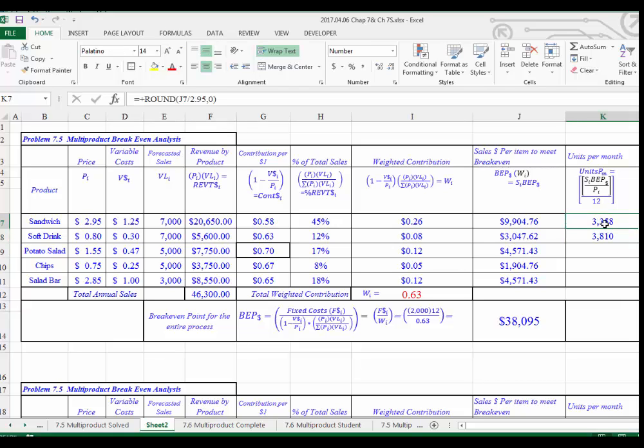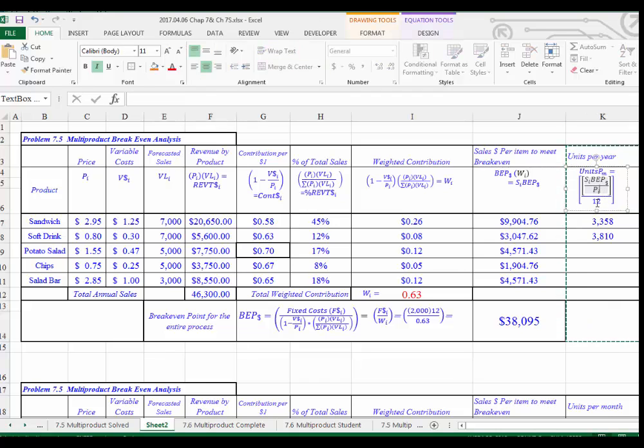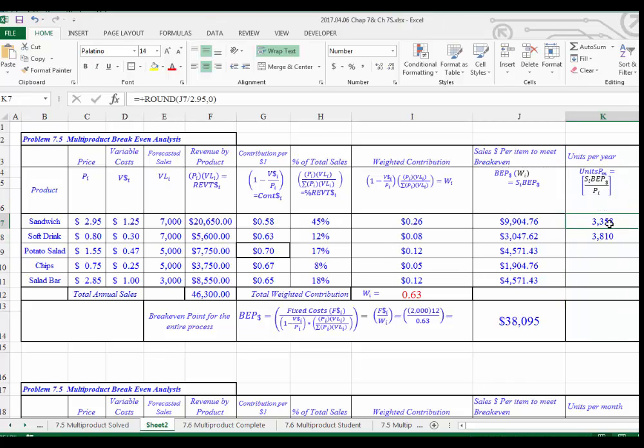But one more thing I wanted to do here is, this is the number of units that we need to sell in a year, but if we want that to be the number of units to be sold in a month, I think we'll just change this to units per year, and we'll just make a new column. And this one, let's get rid of this 12, I had just made that. So that is the total number of units we sell in a year, and now in this column here it's going to be units in a month.